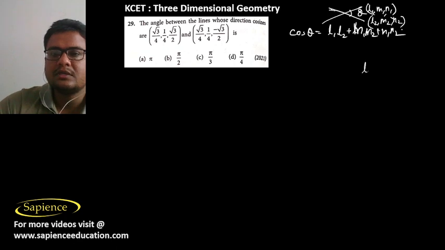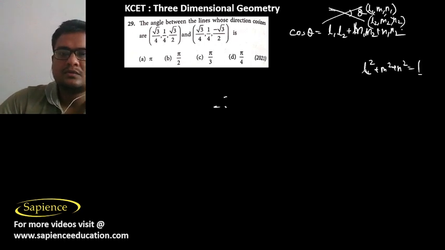Since we know that L square plus M square plus N square is always equal to 1. So therefore here L1, M1 and N1 are root 3 by 4, 1 by 4 and root 3 by 2, and L2, M2 and N2 are root 3 by 4, 1 by 4 and minus root 3 by 2.